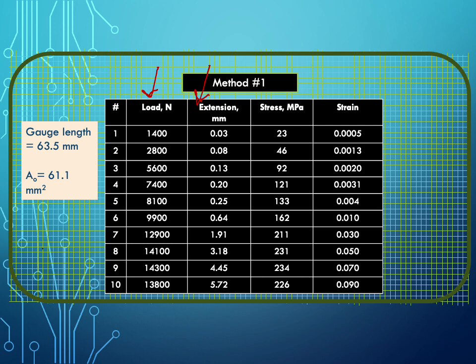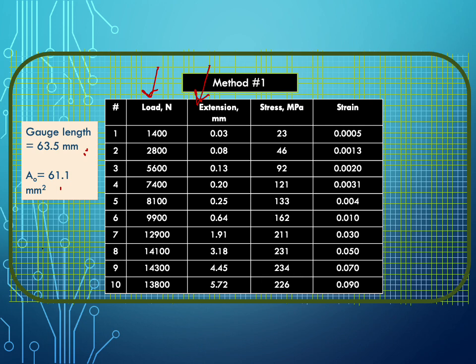And you convert extension to strain by taking the extension or delta L reading and dividing it by the original length. The original gauge length here was 63.5 millimeters, and the original cross-sectional area is 61.1 millimeters squared.